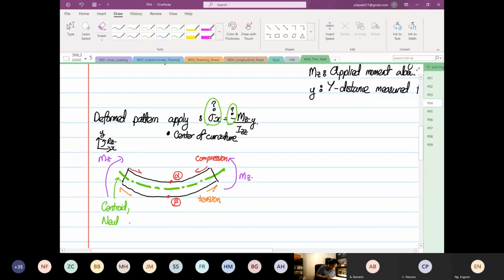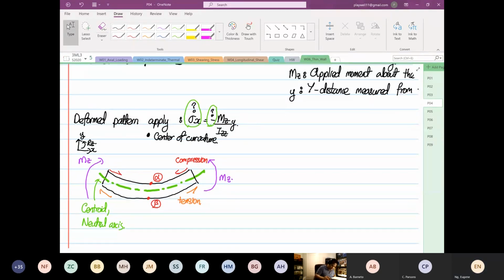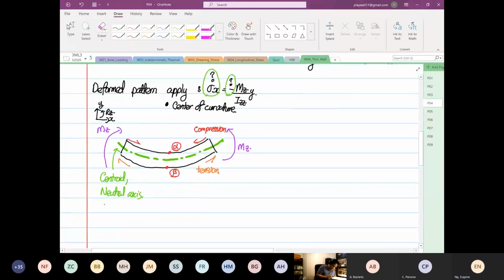So along the neutral axis, stress in the x direction is equal to what? 0. And it has to be. Why? Because you have compression, then down here is tension. If you draw a straight line, at one point the stress is equal to 0, and that is what we call our neutral axis.